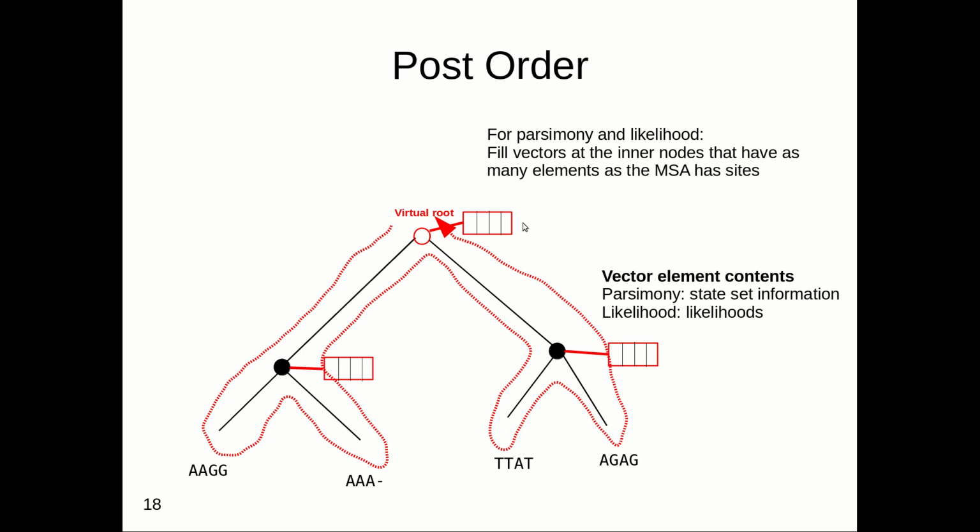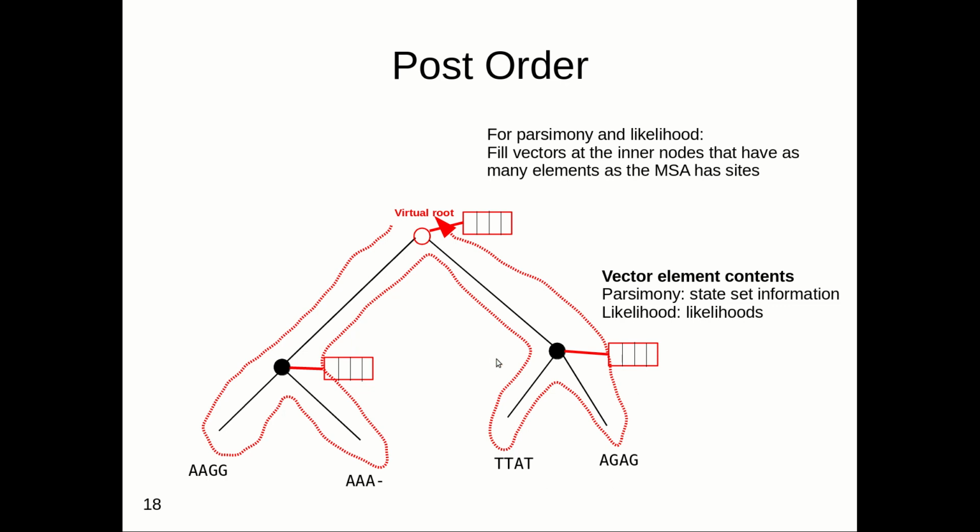So what do those vector elements actually contain? Under parsimony, they contain state set information: what are the possible ancestral states at a specific position, let's say here. For likelihood, this contains the likelihoods, or the conditional likelihoods. Essentially, for each alignment site under likelihood, we have 4 entries here that tell us the probability of observing an A given the subtree, of observing a C here given the subtree, of observing a G here given the subtree, and of observing a T here given the subtree.